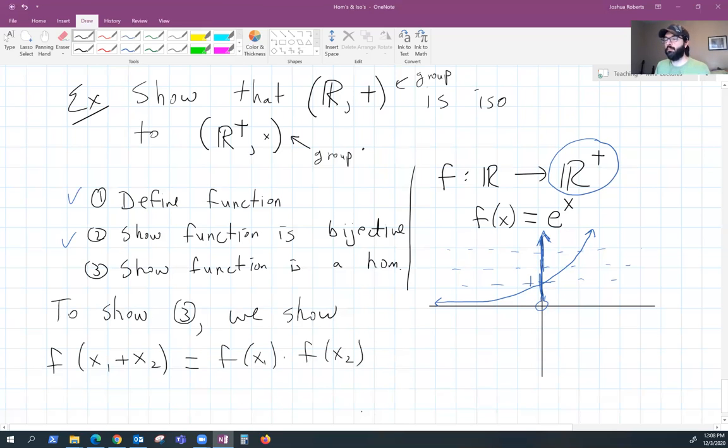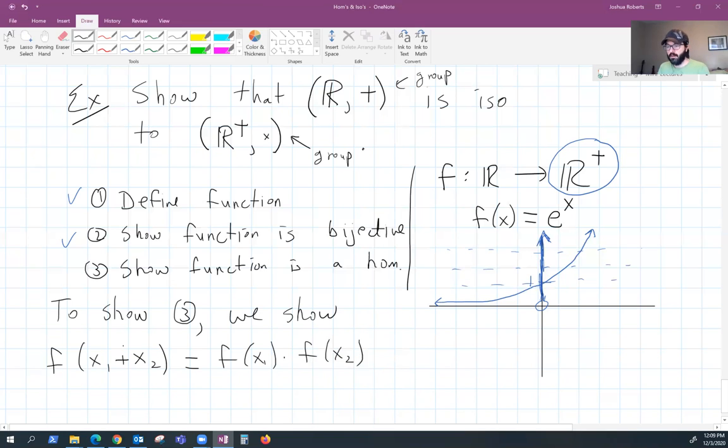Now, I picked this example on purpose because these two different groups have two different operations on them. The group of real numbers has an addition operation on it. And the second group that I picked has a multiplication operation. So when I check the homomorphism, I have to respect the operations.